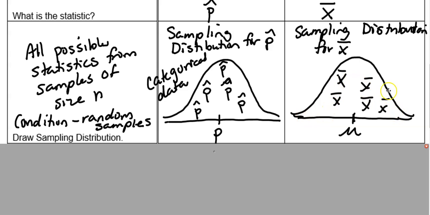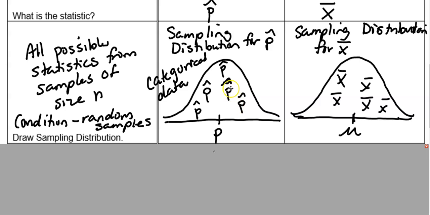Now if we could get all possible samples of the same size and get the sample means from all of those possible samples and put them in a distribution showing what values they can take and how many of each value, we could see that we would have some sample means that are higher than the population mean and some that are lower, but all together they would form a distribution that's centered at the population mean.